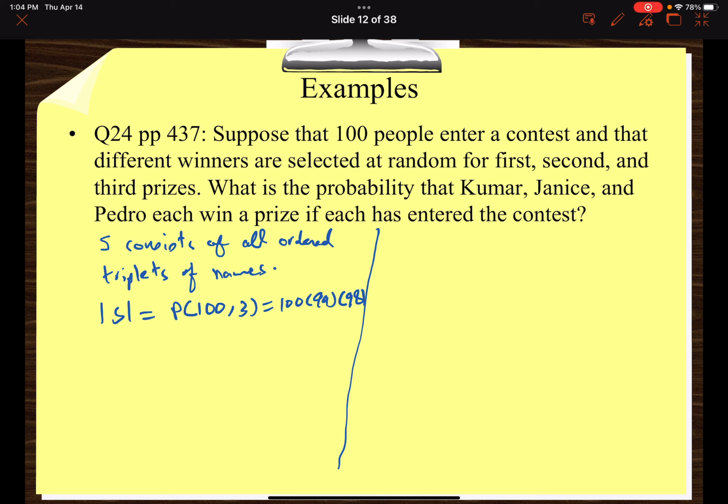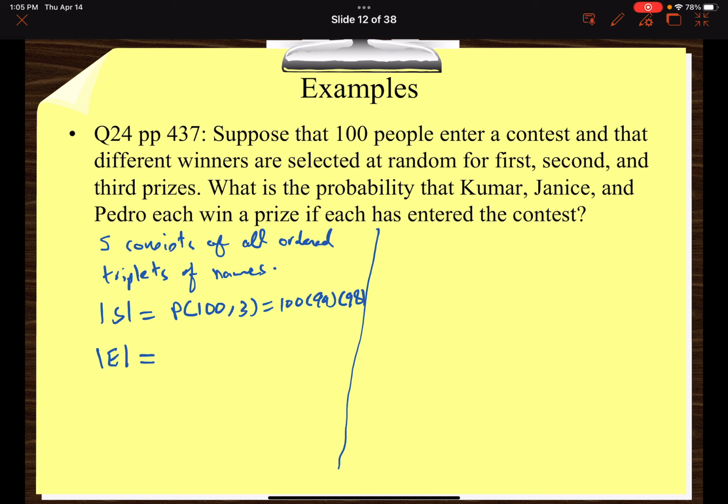What's the probability that Kumar, Janice, and Pedro each win a prize if each has entered the contest? So now, what is the cardinality of E? 3 factorial. Why 3 factorial, not 1? Because there are 3 factorial ways that each one of them wins a prize.